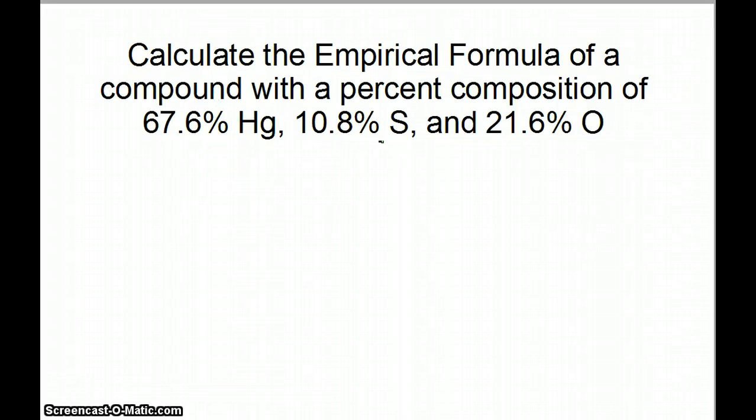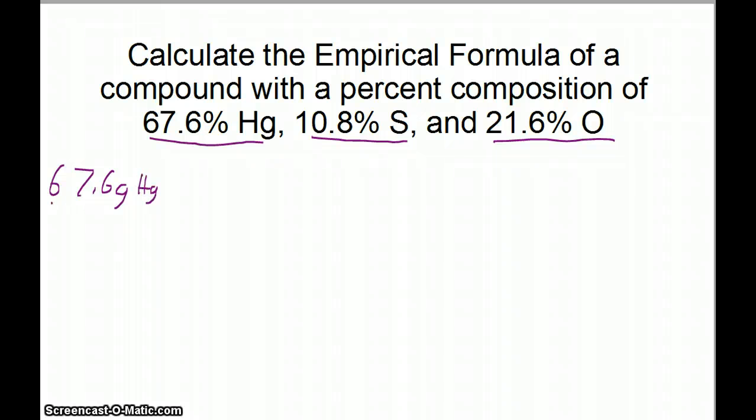Calculate the empirical formula of a compound with 67.6% mercury, 10.8% sulfur, and 21.6% oxygen. Let's go ahead and get started with this. Once again, the first step is to assume that it's out of 100 grams. So 67.6 grams of mercury.